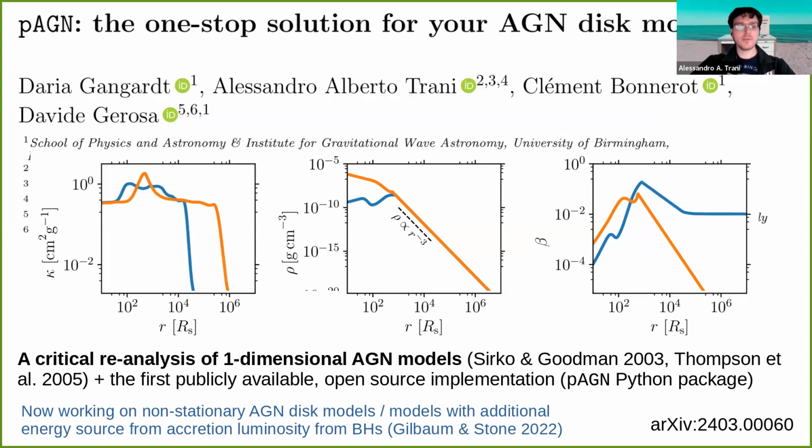Gas dynamical friction depends a lot on the details and thermodynamics of the AGN disk. And this would not have been possible without this other work I've recently put on the arXiv with a PhD student, which is basically a critical analysis of one-dimensional AGN models.